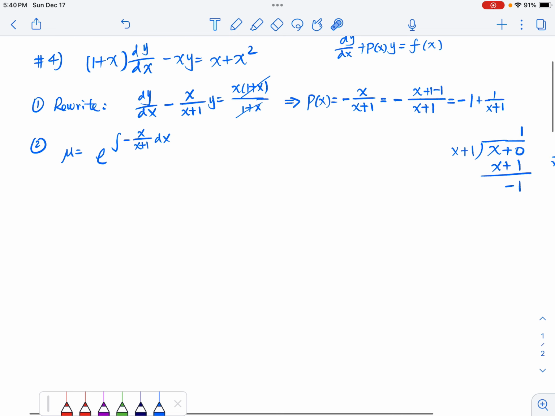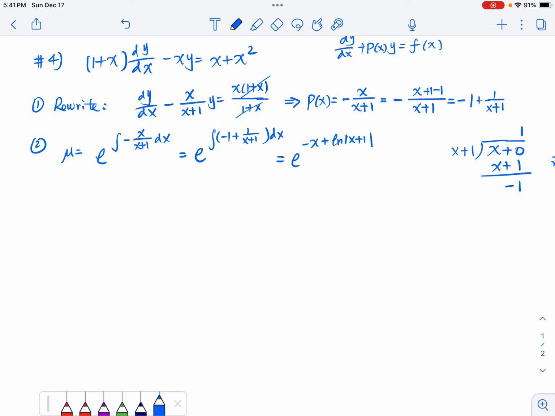So now I think we should be able to integrate this. This is e to the integral of negative 1 plus 1 over x plus 1 dx. This gives us e to the negative x plus ln of the absolute value of x plus 1, right?